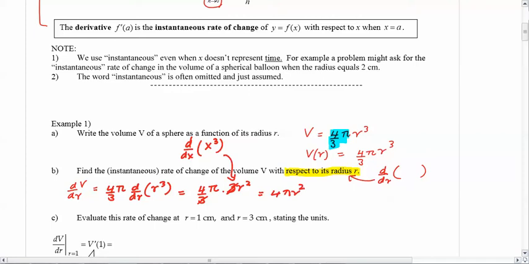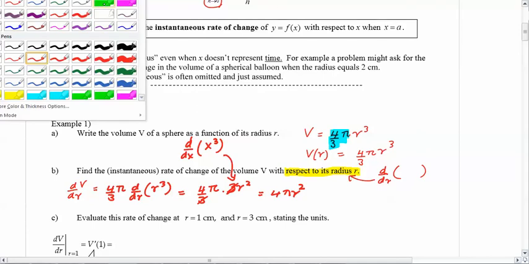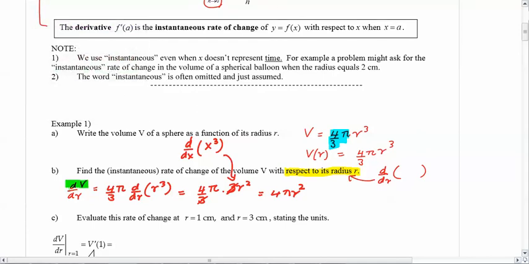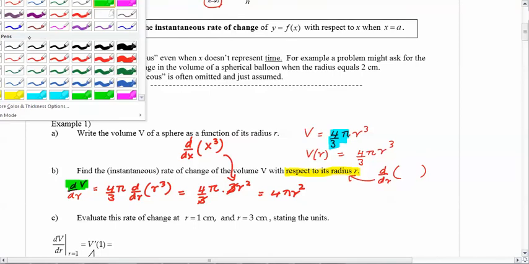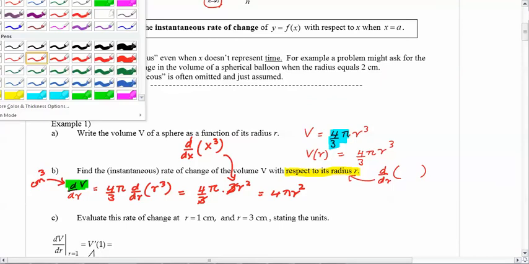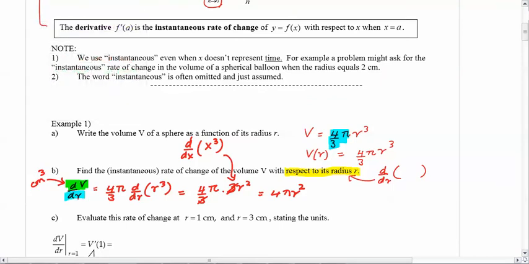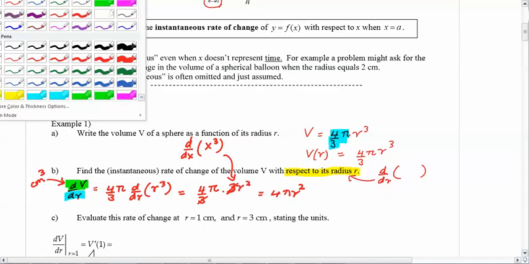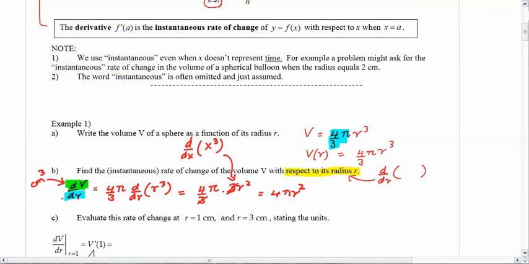And our units are very important always with rates of change. I've got the rate of change of a volume. So my volume units are centimeters cubed, and then my radius units are centimeters.